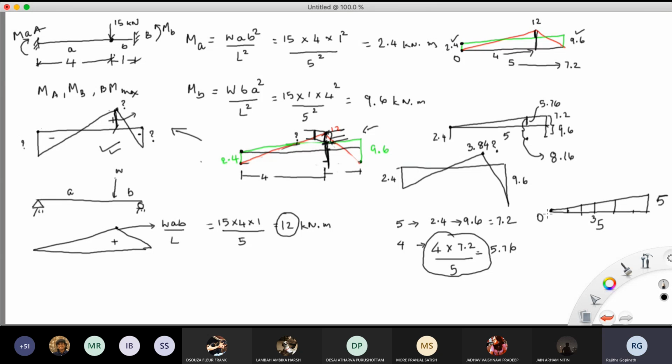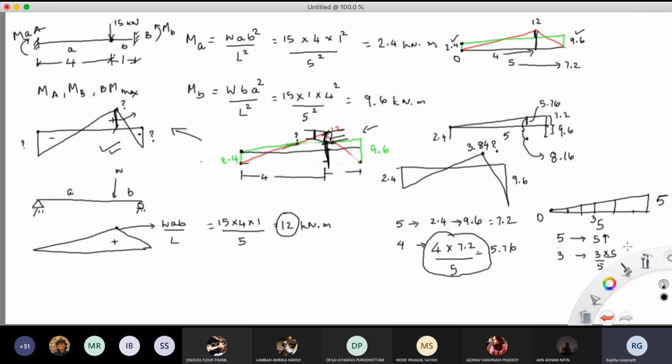So from 0 to 5 meters, there is a 5 meter increase, right? So if I want to know how much it increased at 3 meters, this is going to be 3 multiplied by 5 and divided by 5, right?